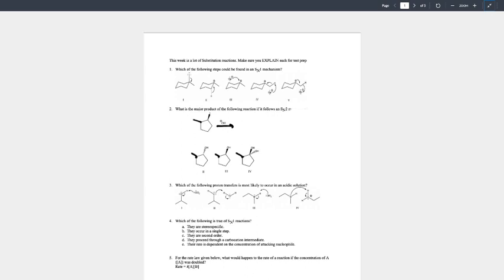Which of those is my product if this is SN1? Structures 2 and 3. The leaving group leaves, leaving behind a carbocation. The hydroxide, the negative oxygen, can come in and share either on top, forming the wedge, or it can come in from the bottom, forming the dash. 2 and 3 are the valid answers.